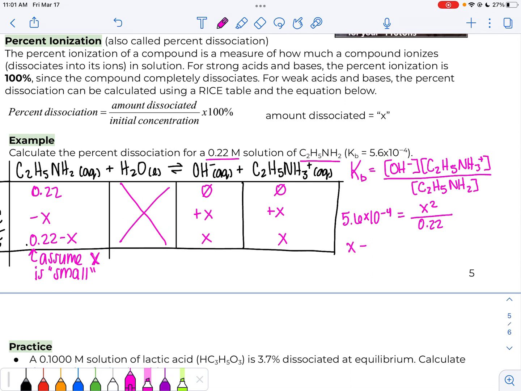So when I solve for this, I get an X value of 0.011 molar. This is the concentration of our hydroxide in the equilibrium system. To find percent dissociation, how much did this thing dissociate?